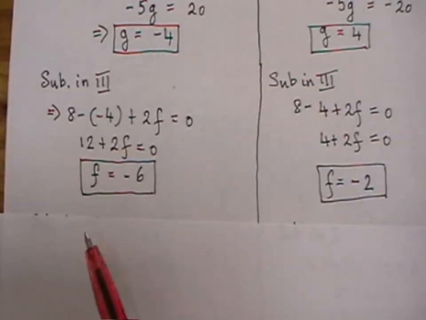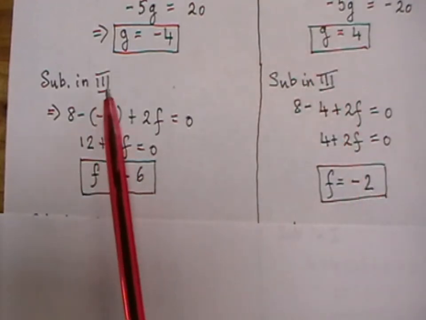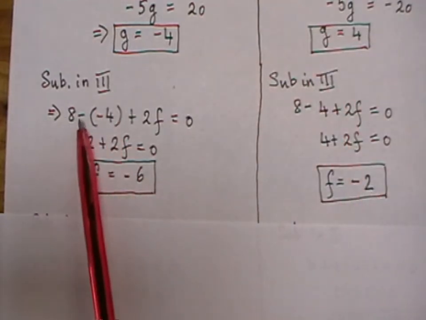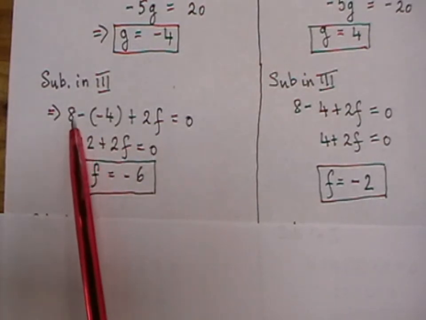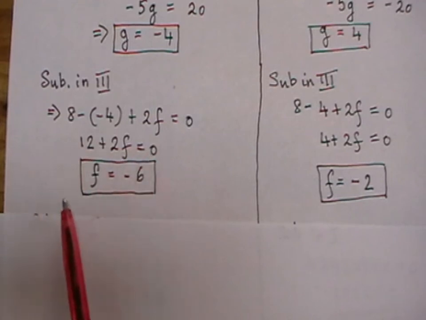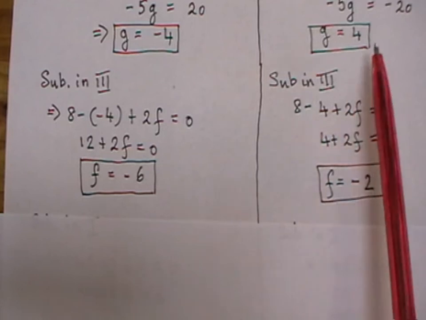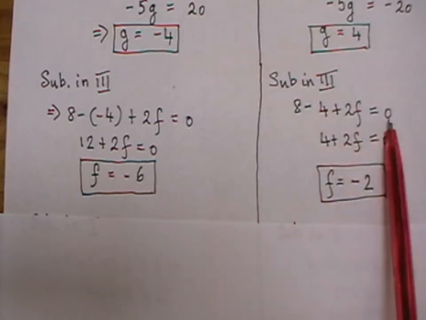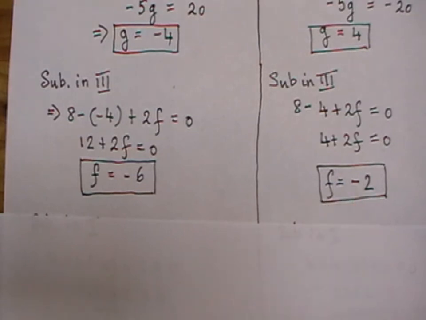Each value of g gives us a different value for f. Just substitute in the third equation. We get 8 minus 4 plus 2f equals 0. So 12 plus 2f equals 0, so f would have to be minus 6. Here, 8 minus 4 plus 2f would equal 0. So we get 4 plus 2f equals 0, f equals minus 2.